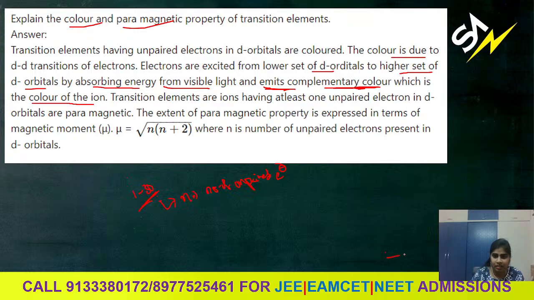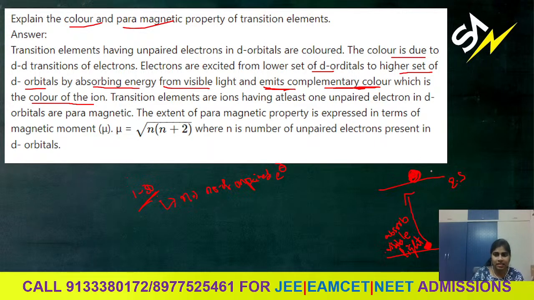For your clear explanation, if an electron is present here in the ground state, and this is the excited state, it will absorb some amount of energy from the visible light and it excites to the excited state.